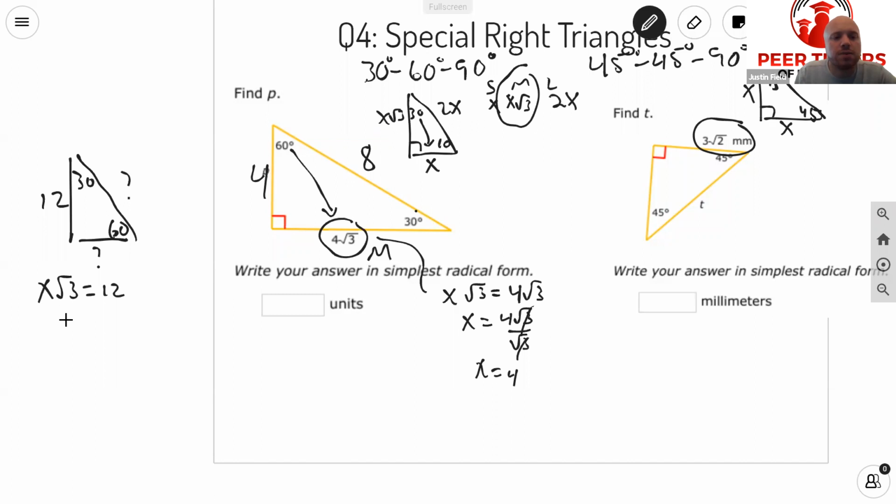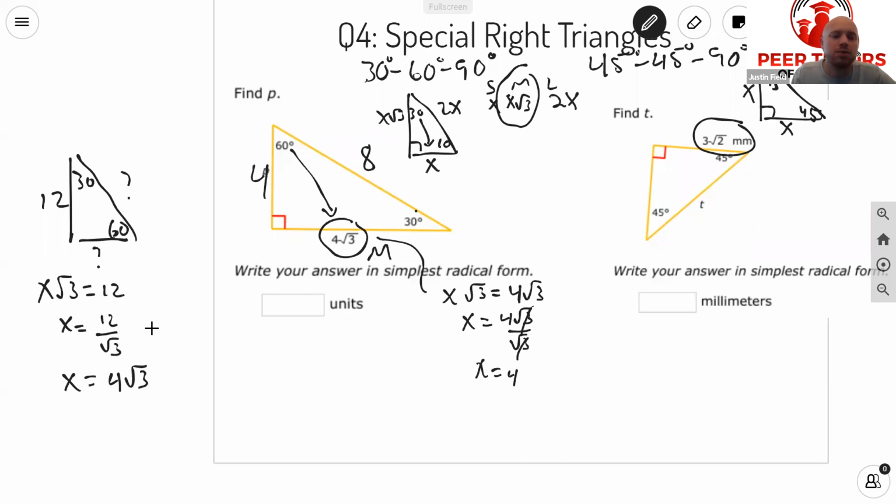So then we divide both sides by √3, and we get x equals 12 over √3. But that's not really the way it's written. So there's a shortcut to write it in a rationalized way. You can just divide the 12 by 3. 12 divided by 3 is 4.